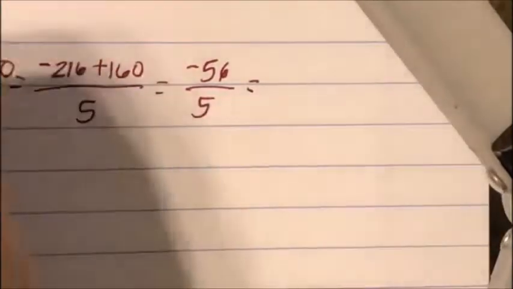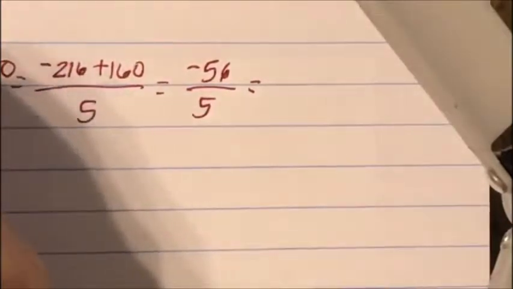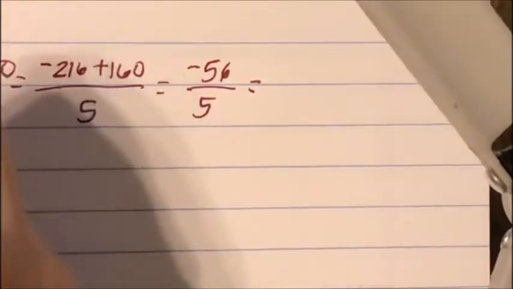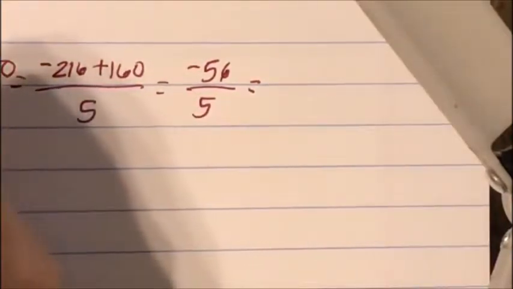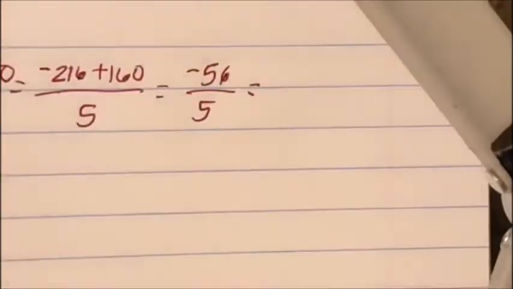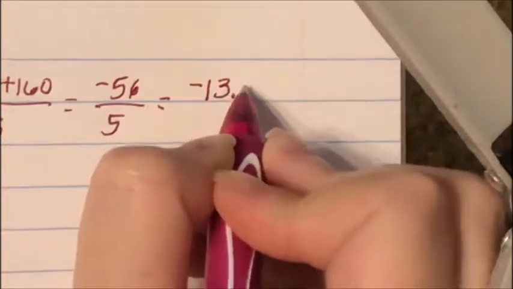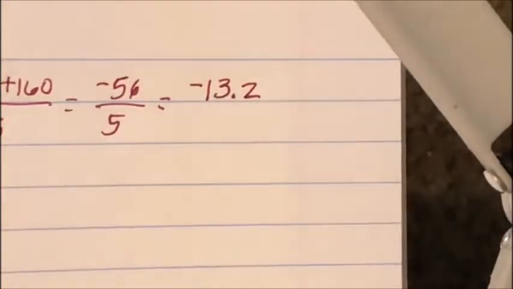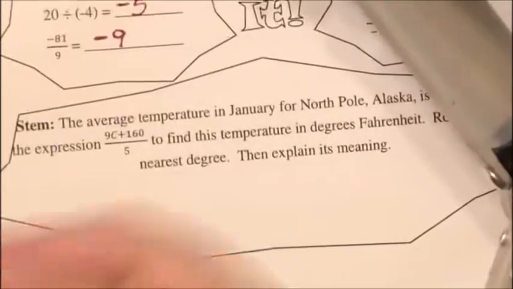5 goes into 56 11 point 2 times. So this gives me negative 11.2, as my answer.